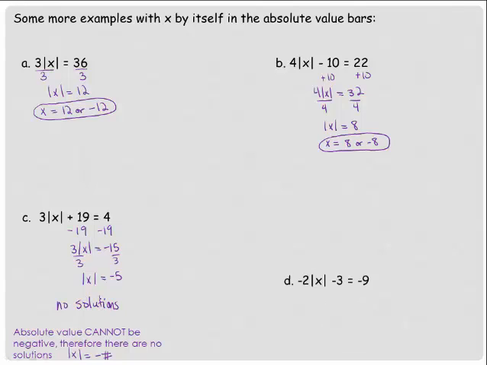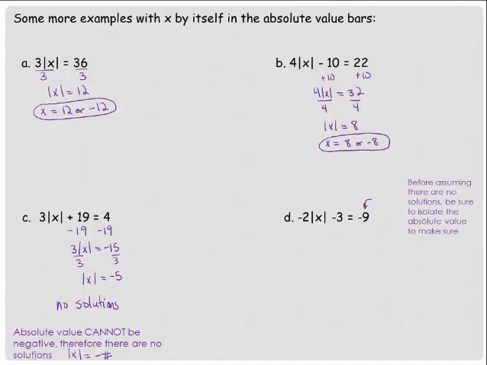But you want to be very careful, because just because we have a negative over here does not mean there will be no solutions. We have to isolate the absolute value first. So I'm going to add 3 to both sides. I have negative 2 times the absolute value of x is equal to negative 6, still negative, but when I divide by that negative 2, I get a positive 3 telling me that x will be 3 or negative 3.